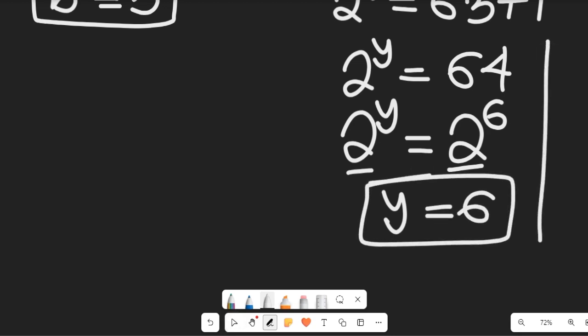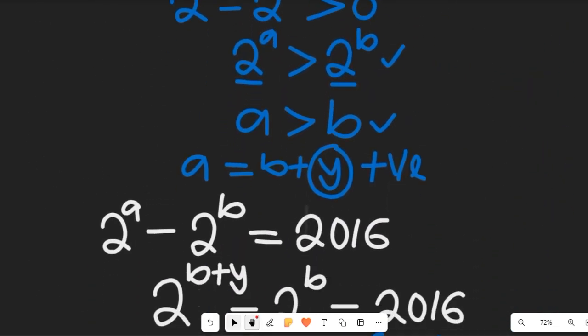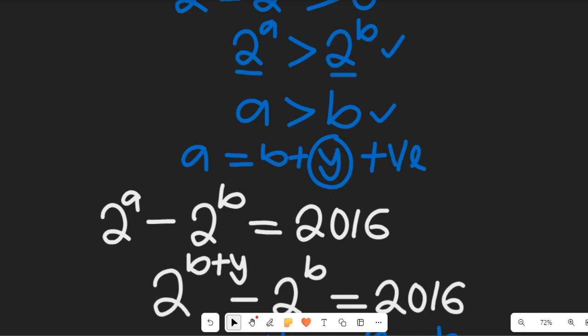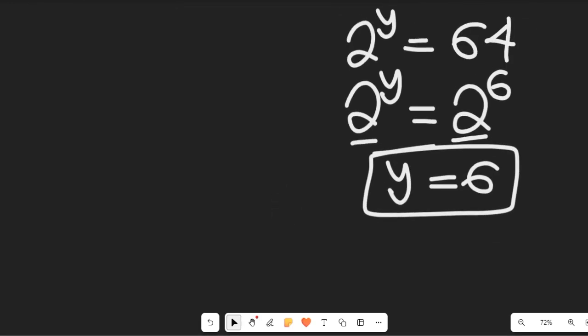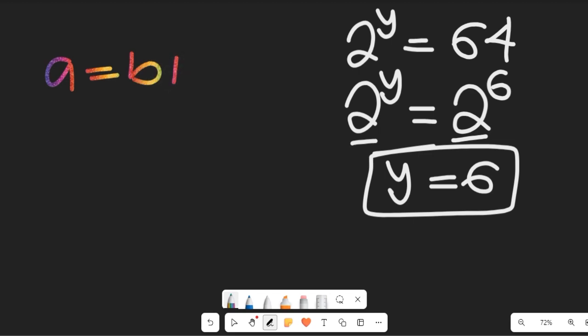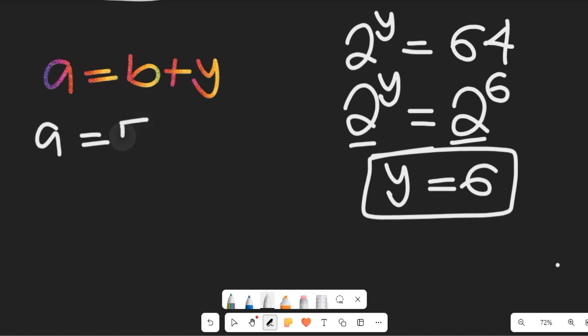Now recall, the expression says we should find the value of a and b. Now recall that we took the value of our a to be equal to b plus y. So if we have gotten b and we've gotten y, we can find the value of a. We see that our a is equal to b plus y. So the value of our a will be equal to b, we got b as 5, so we'll have 5 plus y, which is 6.